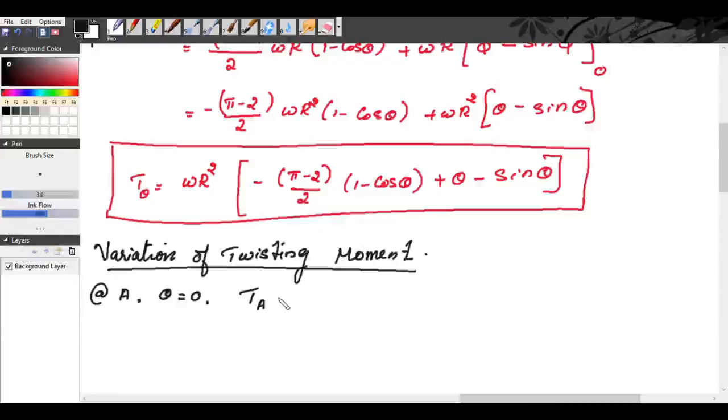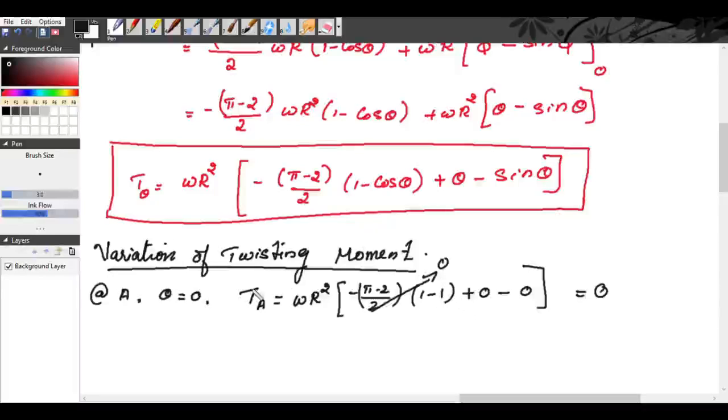Therefore, twisting moment at A will be equal to WR square into minus of (pi minus 2) by 2 into 1 minus cos 0. Sorry, cos 0 is 1. So 1 minus 1 we get 0 here. So this term becomes 0, plus theta is equal to 0, minus sin 0 is 0. So twisting moment at A will be equal to 0.